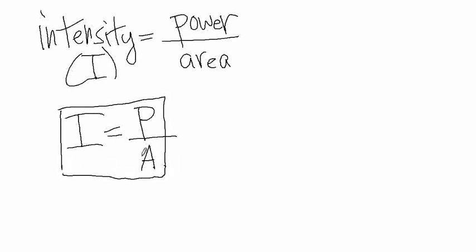Now this applies to more complex shaped waves than spherical waves, but let me show you how to apply it to spherical waves. Suppose that someone had a radio station that was emitting 100 kilowatts of energy, or 100,000 joules per second of radio wave energy.